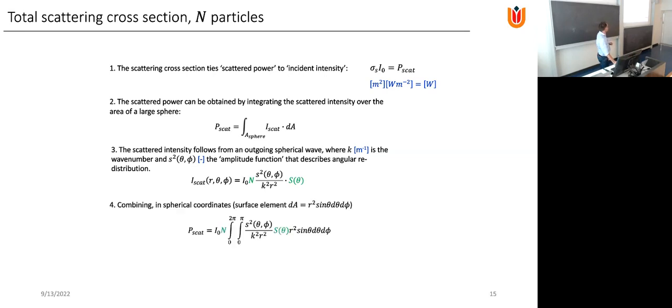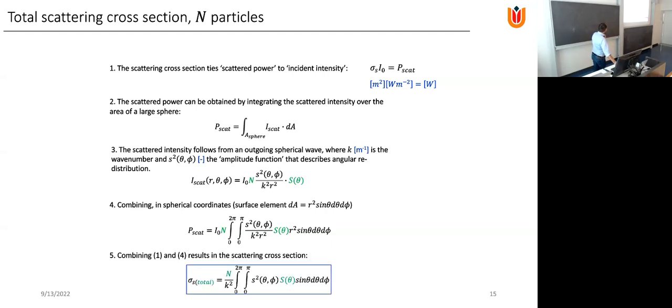So you can basically just copy the results that we had before, put that into the integral, and switching to spherical coordinates gives us the expression over there. So again, with S of theta in green, the only terms that are new now. And it means that we can combine that and get the total scattering cross section through this expression here. So again, S of theta within the integral.